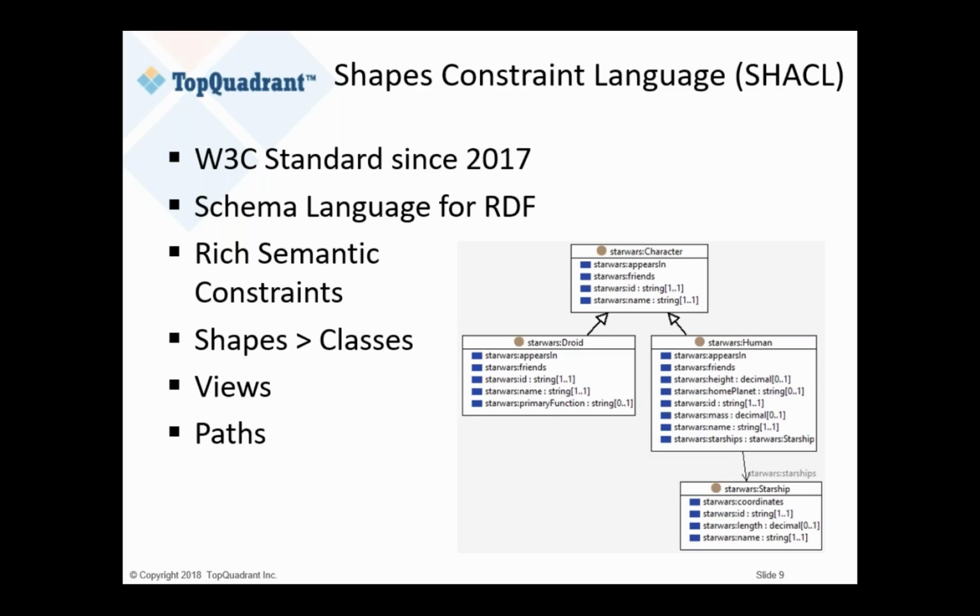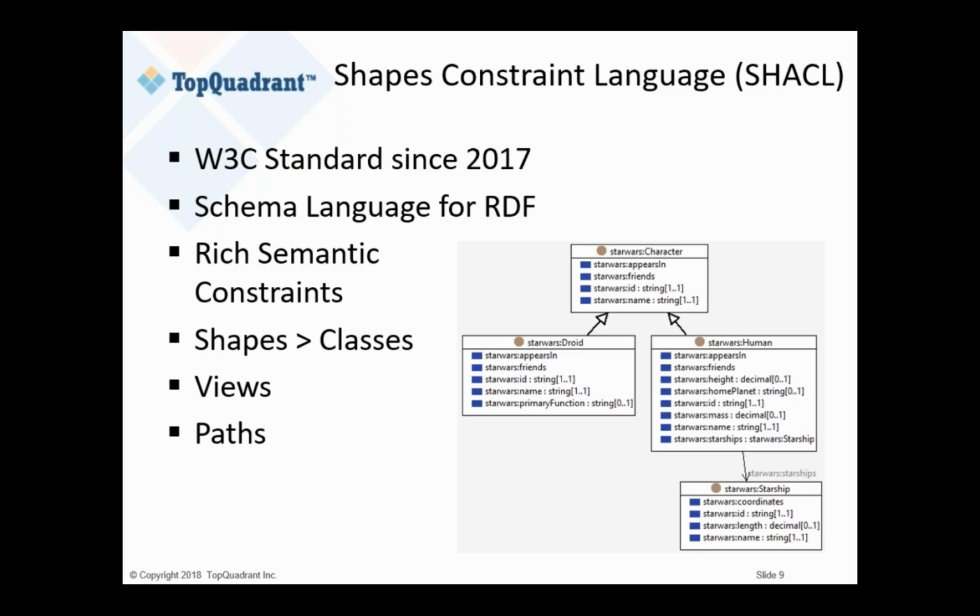So you don't need a type triple, for example, to use a shape. And this means you can also have multiple shapes for the same objects in your database. Okay, so you can basically define multiple views on the same data.